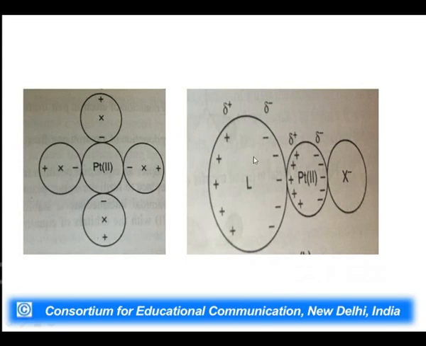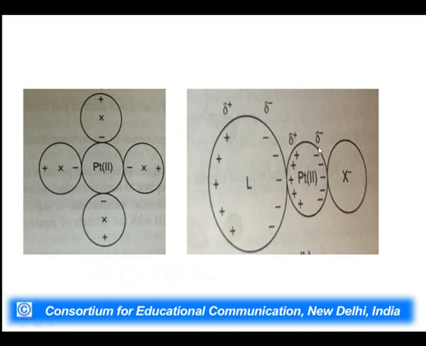As a result, this will induce a dipole in the platinum 2 metal ion. Platinum 2 will also be polarized, because the ligand is negatively charged towards this side, so the positive charge of the platinum will be more towards this side. As a result, negative charge will be towards the other end, that is the side trans to this ligand.